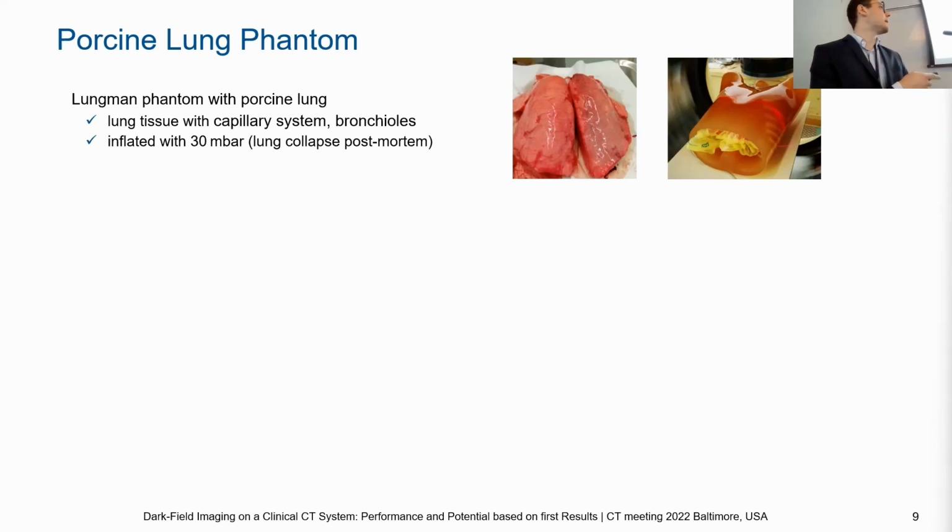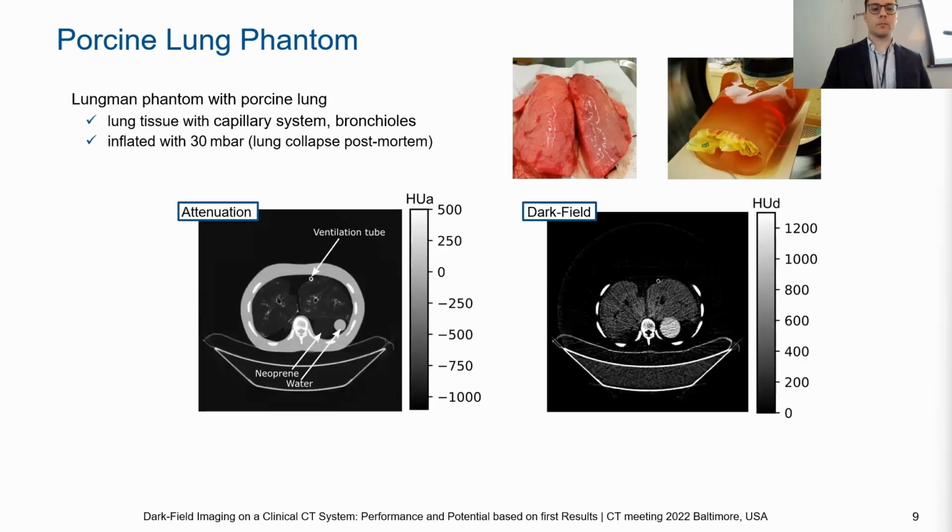And afterwards, we placed it again inside of our lungman phantom and performed a measurement in our system. Here you can see the results from this measurement. Again, what you can see quite nicely is that all of the soft tissue around the lungman phantom vanished. And now you can also see that we can definitely get a dark field signal from the lung tissue.